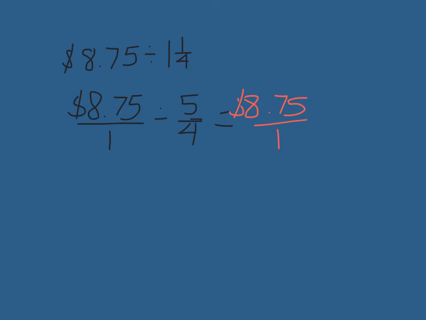Now remember, when we divide fractions, we actually have to do the reciprocal and multiply. So times 4/5. So that's what our problem looks like all set up.